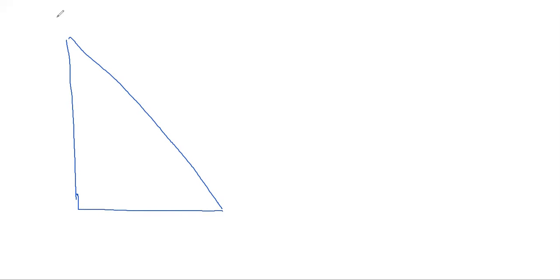It's a right angle triangle. We call this vertex P, and S is also over there at the 90-degree angle, and R is the third one. Three vertices of the triangle.